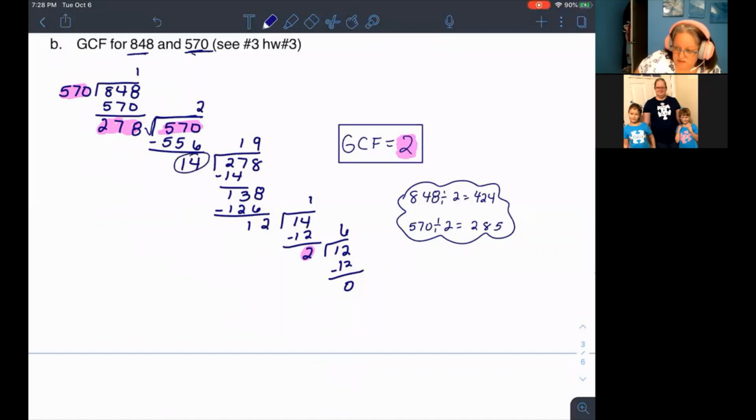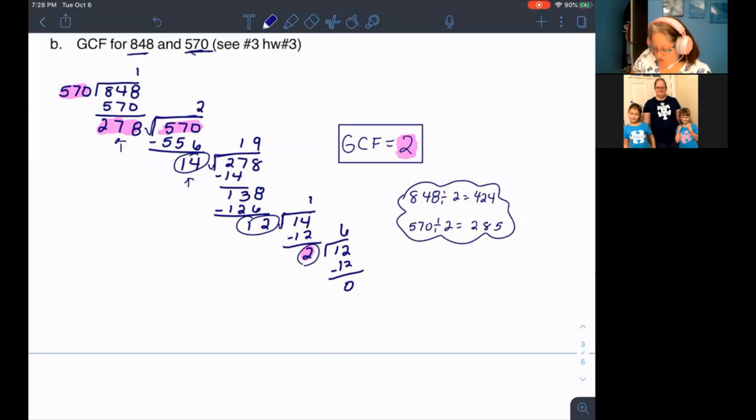So now the 14 is your new divisor, and you're dividing that into the previous divisor. So 14 into 278 is 19 with a remainder of 12. So now your 12 is your new divisor, and you're dividing that into the previous divisor. So you have 12 into 14 is 1, which gives you a remainder of 2.